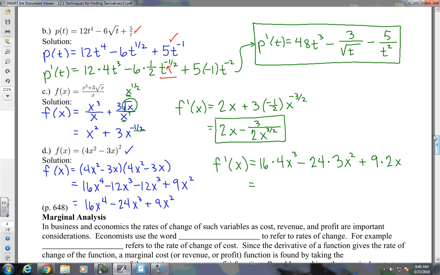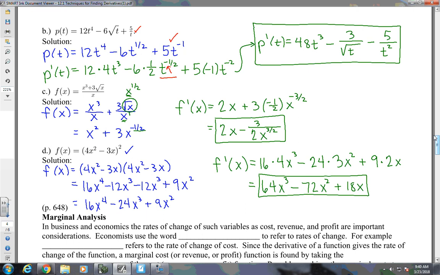When we simplify, we just have to go back and multiply those coefficients. So we have 64x cubed minus, let's see, 72x squared plus 18x. So remember those algebraic simplification techniques before you differentiate.